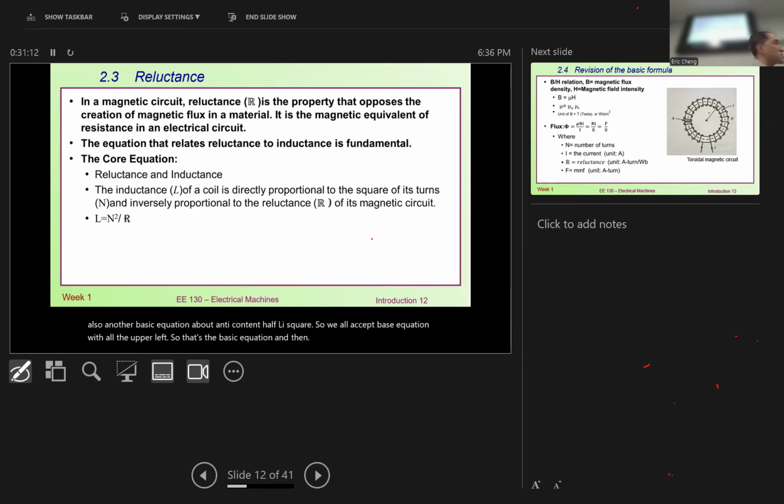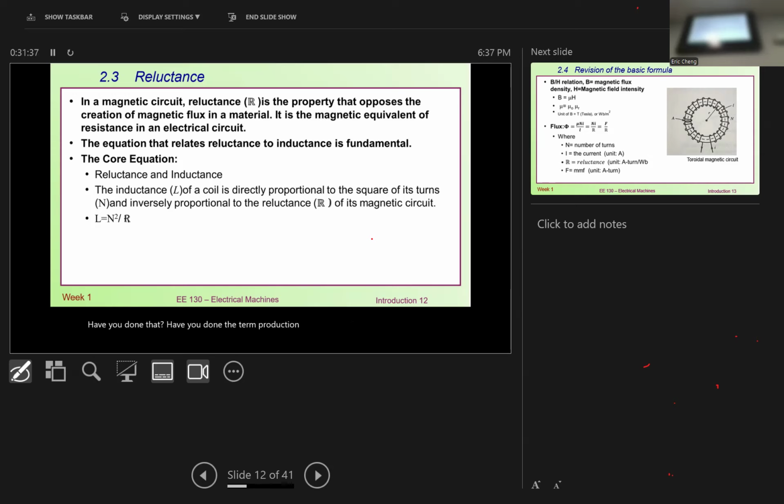Another term I think we also like to understand more about is the reluctance. I think you all learned about reluctance, right? Can anybody tell me again what reluctance is? Have you learned the term reluctance?